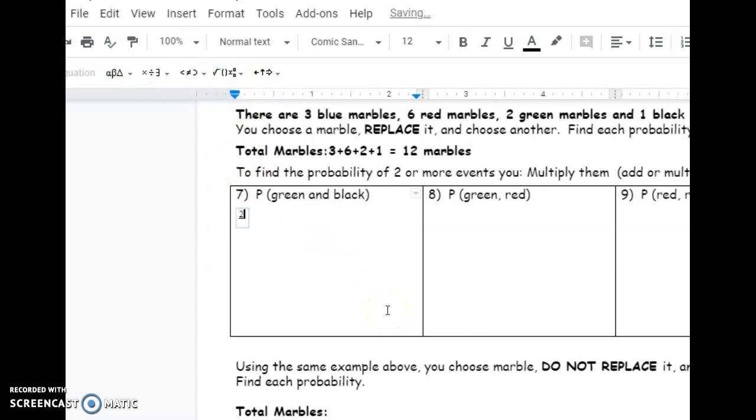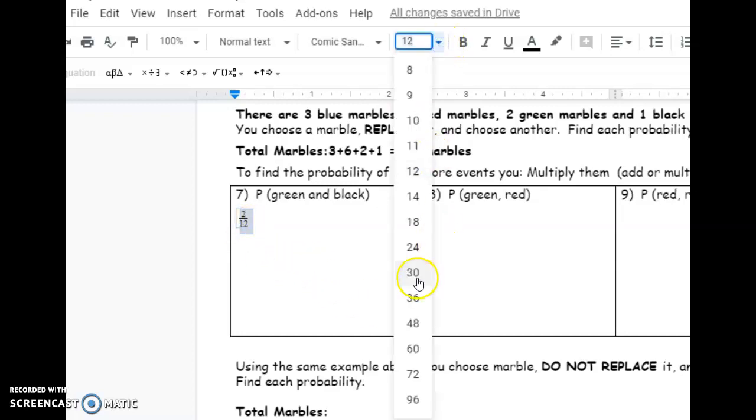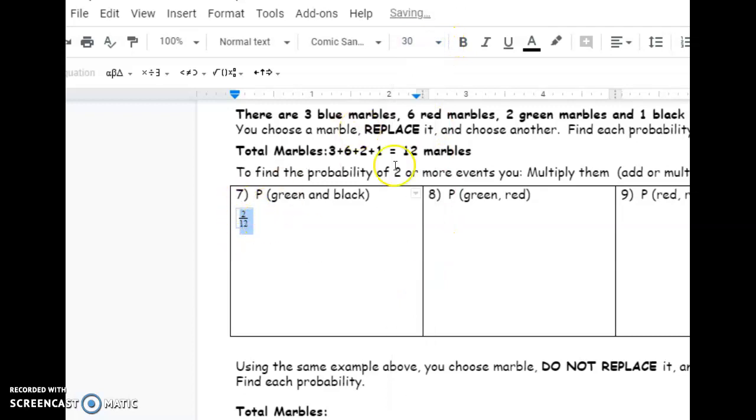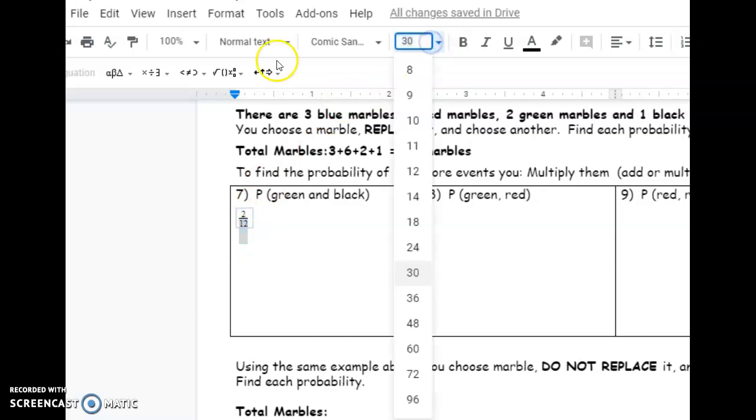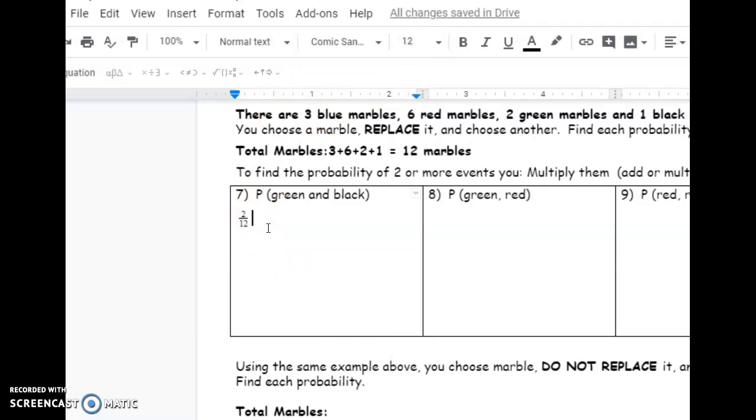Therefore, I have 2 green marbles over 12 total marbles. It's okay. So it's 2 over 12.